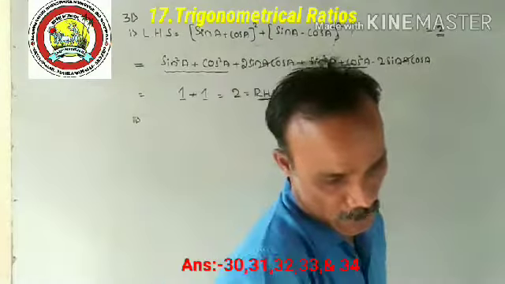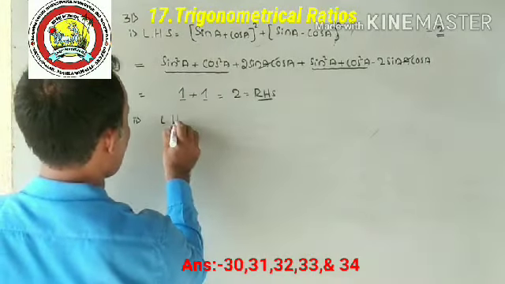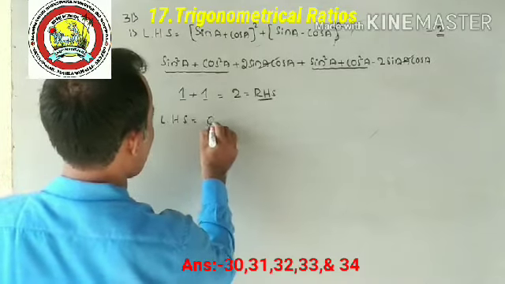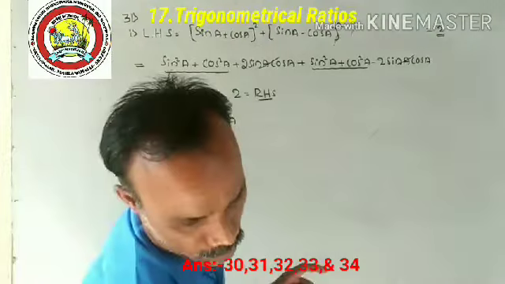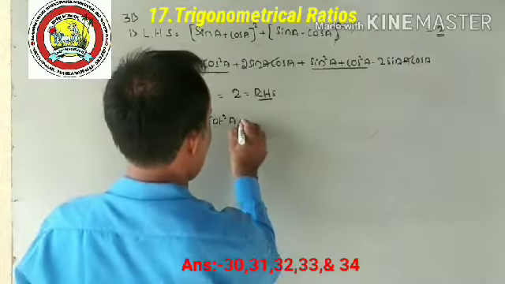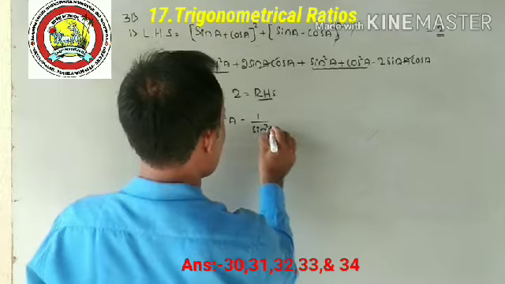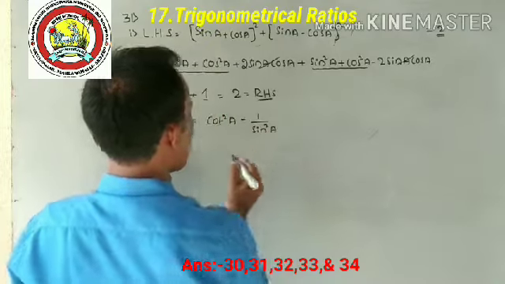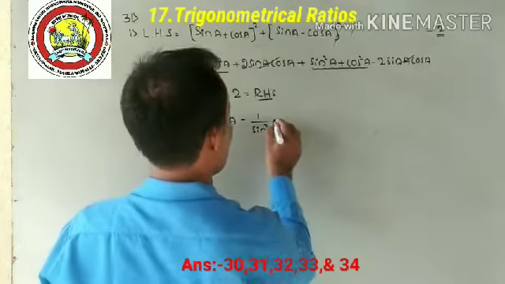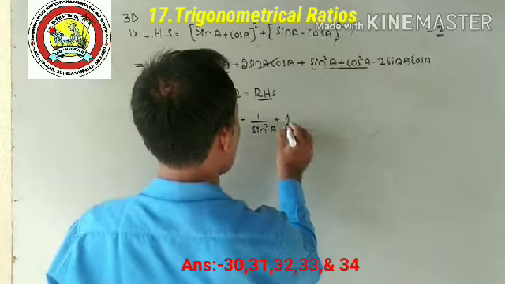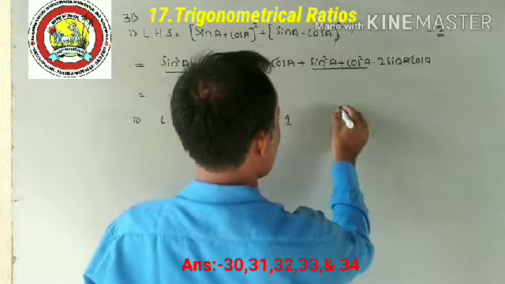Second question, LHS: cot square A minus 1 divided by sin square A plus 1. We have to show this value is equal to 0.